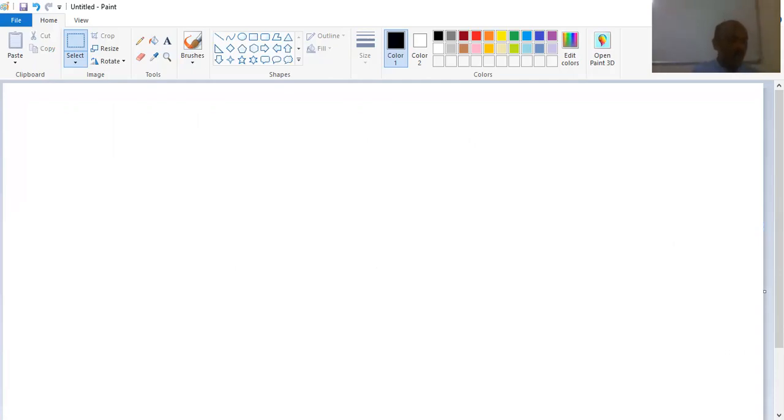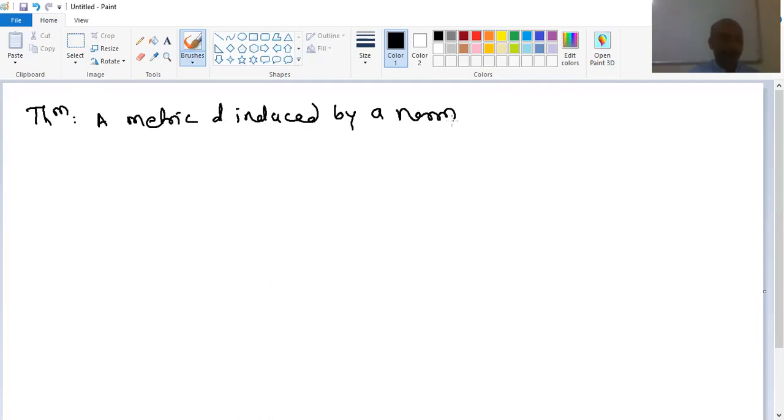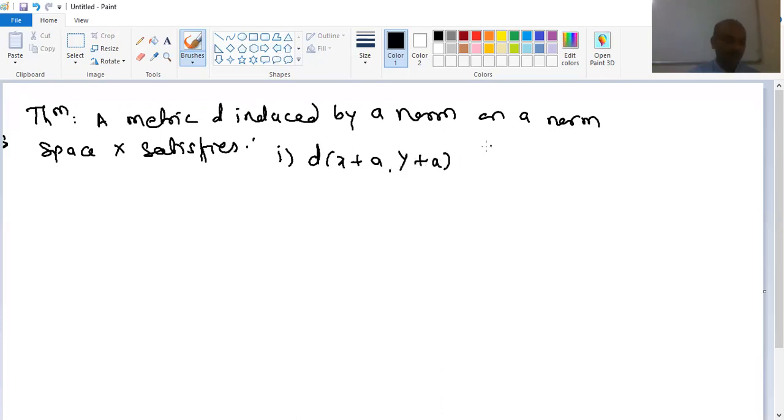The theorem is: a metric d induced by a norm on a normed space X satisfies the first condition, d of x plus a, y plus a is equal to d of x, y, and the second one, d of alpha x, alpha y is equal to mod alpha times d of x, y.